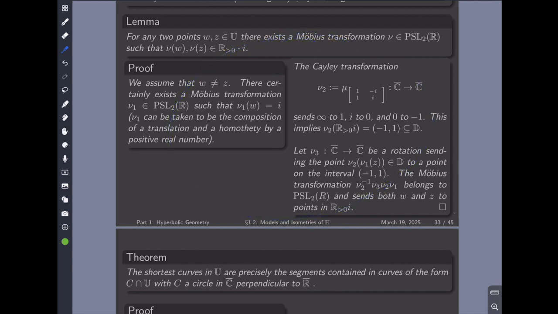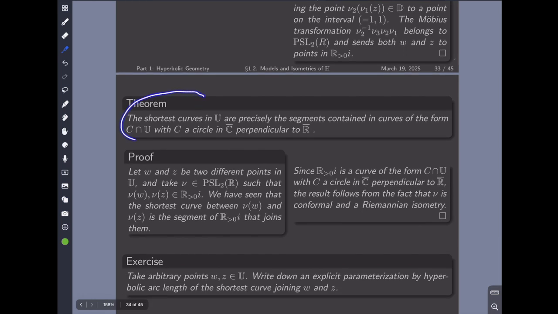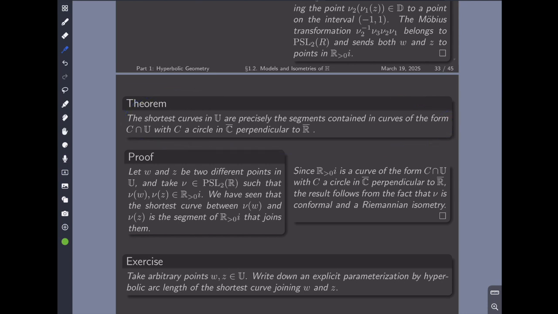So the point was just to realize that there's a sequence of obvious things one can do that preserve the corresponding thing bijectively, and that in the end does the job. That's the whole thing. And this allows me to conclude that the shortest curves in U are precisely either vertical Euclidean segments or segments of circle that are perpendicular to R bar.